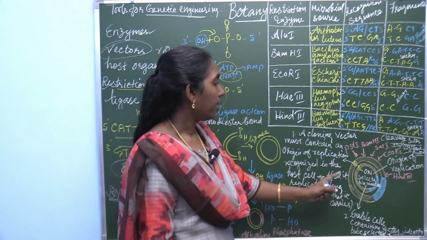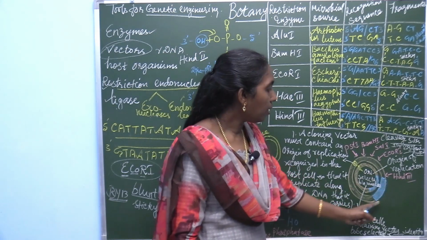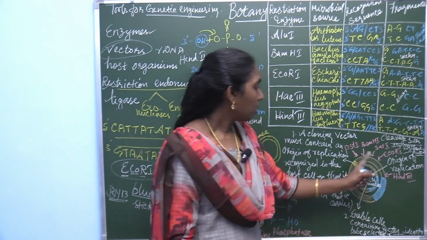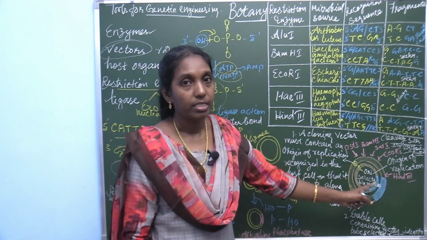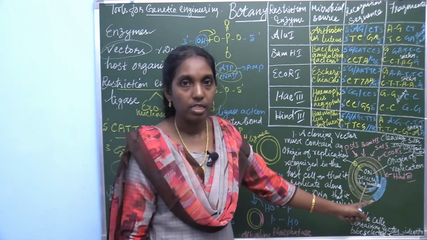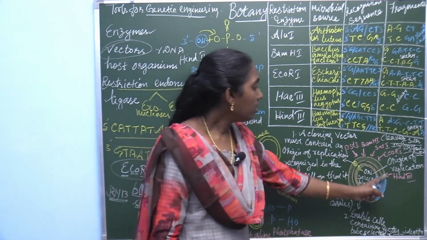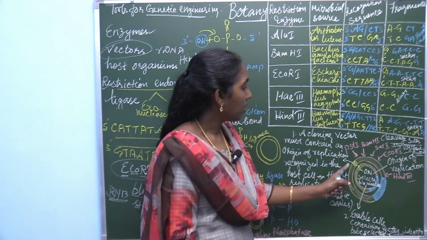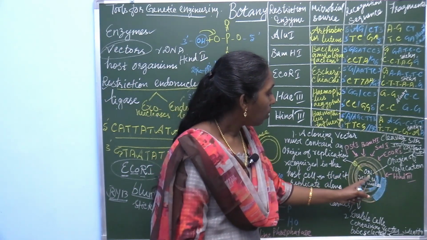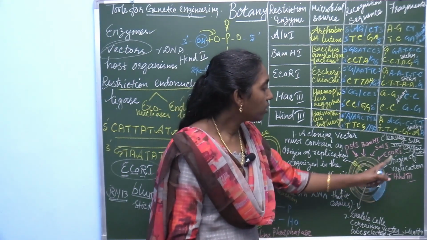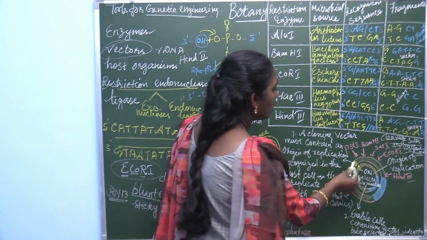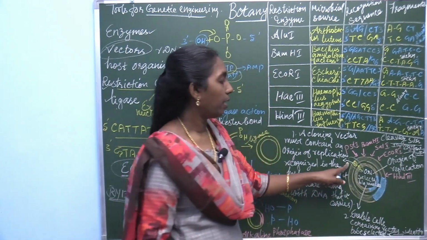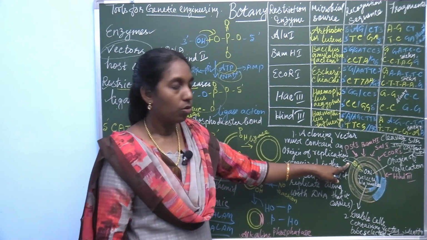Look at this diagram. See there, this is the plasmid. This plasmid, or vector, is also called a cloning vehicle. In this there are three important regions. This region is called ORI, the origin of replication. What's the role of this?